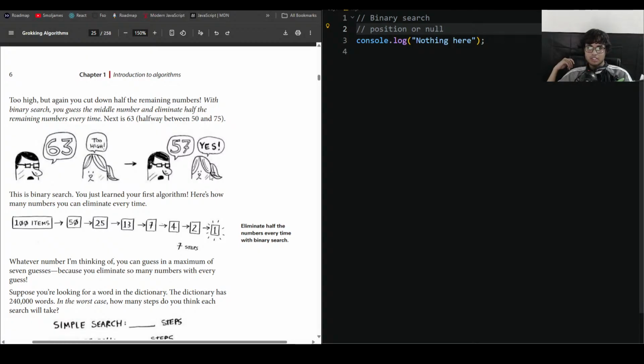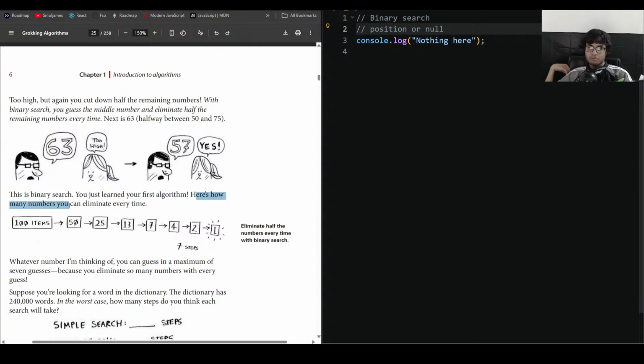So this is binary search. You just learned your first algorithm.